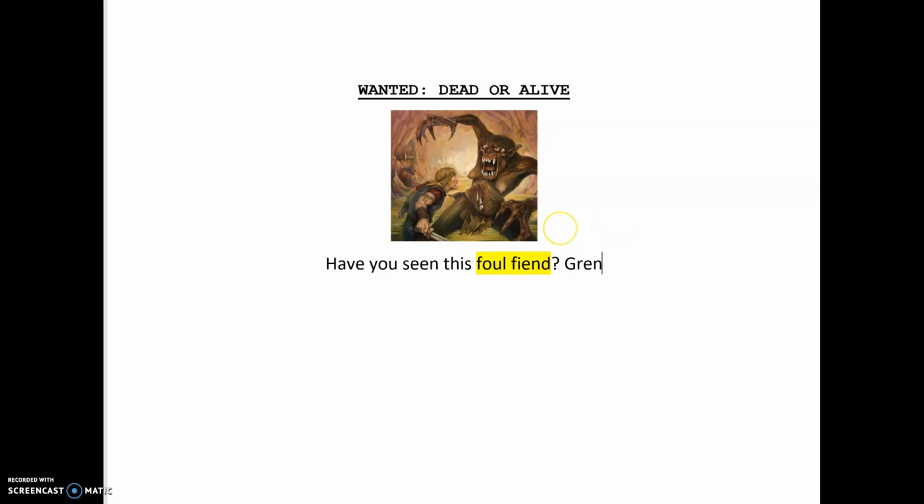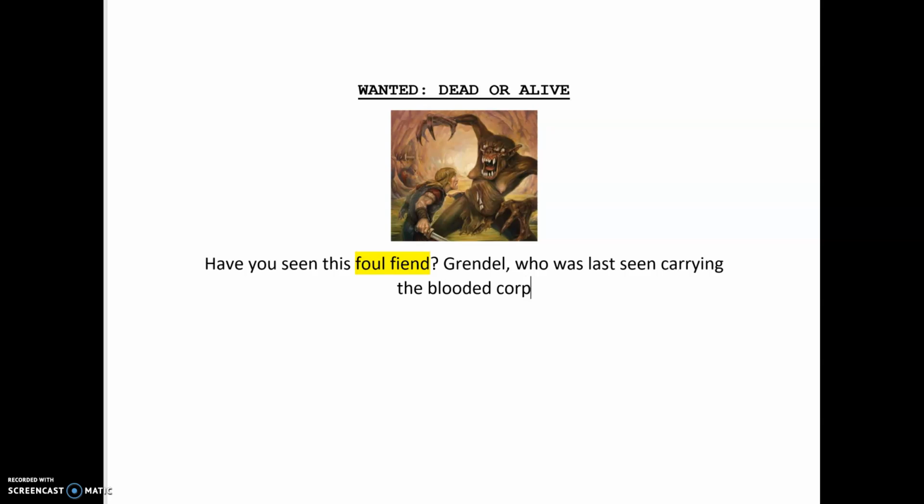Okay, so Grendel, and I'm going to add in a relative clause. Remember, we're going to start with who because it's a name. I'm going to explain who Grendel is. So Grendel, who was last seen carrying the bloodied corpses of 30 lords back to his lair, and I know that from the story that we've been reading.